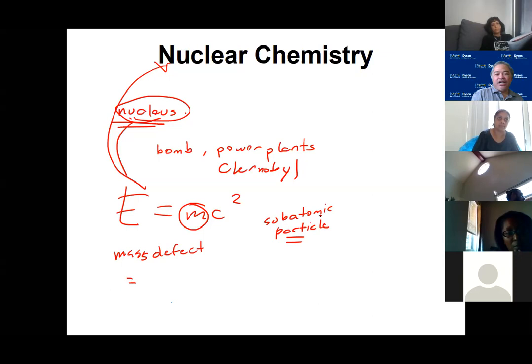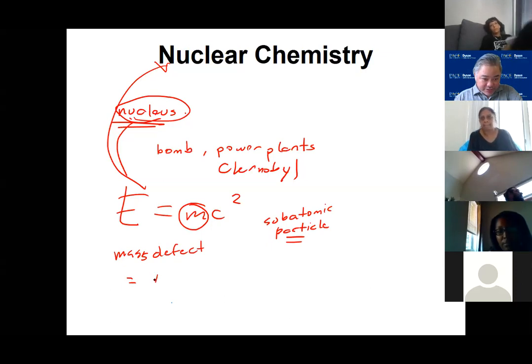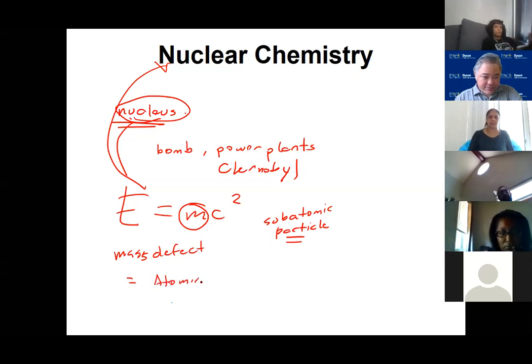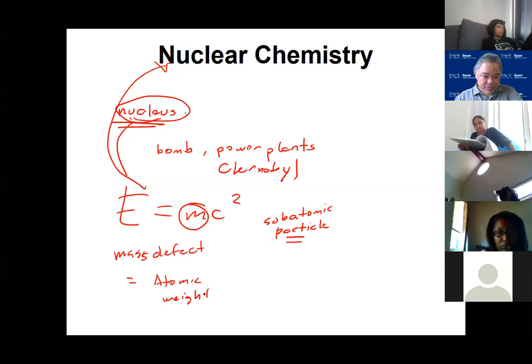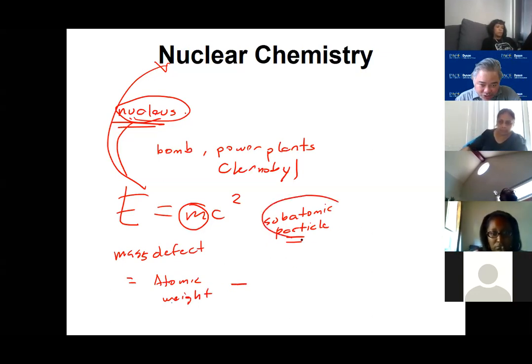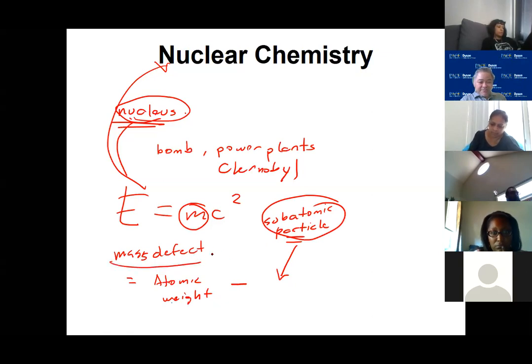What Einstein said is, if you get the difference between the atomic weight minus the mass of all subatomic particles, there's the so-called mass defect, and you can tap it as a source of energy. Whatever that mass defect is, you multiply it with the speed of light, and it's going to give you energy.